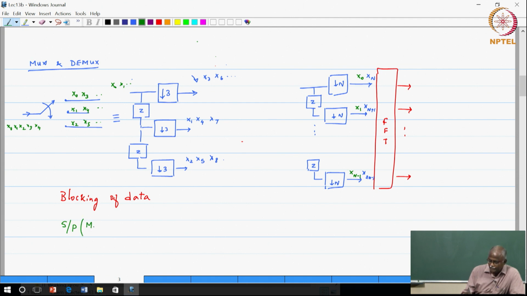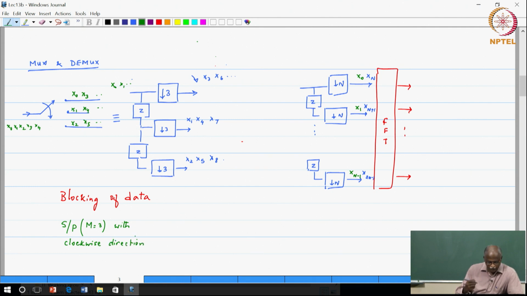In this particular case it is equal to 3, serial to parallel conversion with a clockwise commutator. That is also important because if you changed it to delay elements, then we saw that it went in the counterclockwise direction.